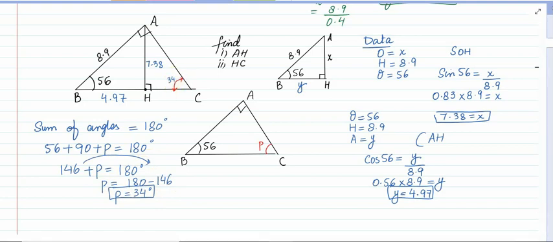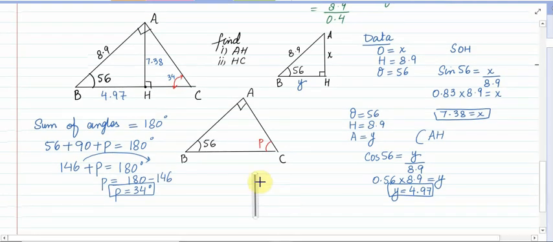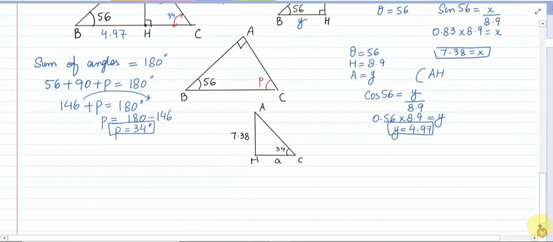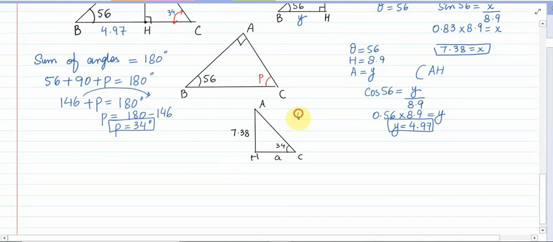Now the last figure is AHC. Value of AH is known, 7.38. Angle is known, that is 34. And we need to find the value of CH, so let's call this value A. Right? So what values we know? Opposite is 7.38.